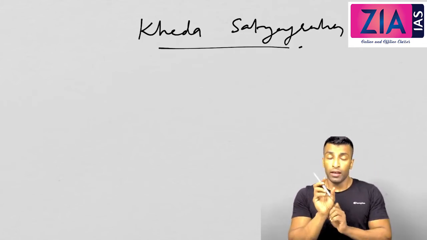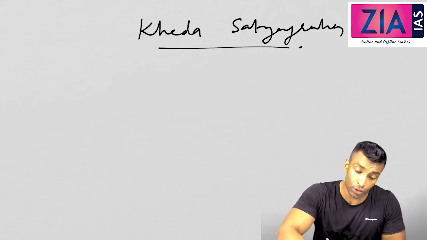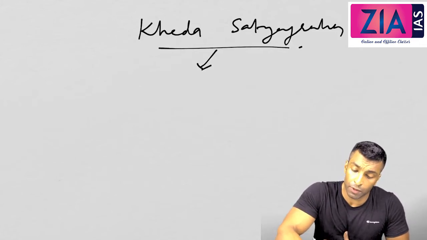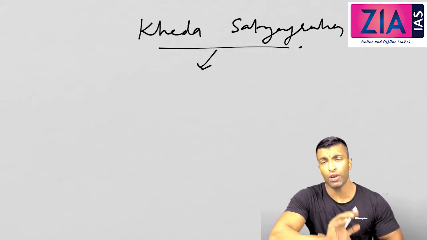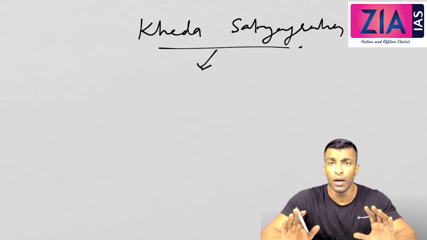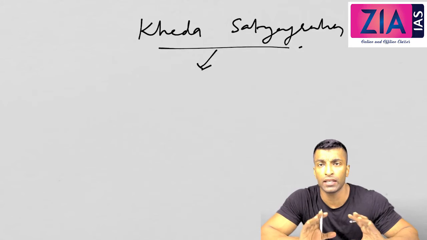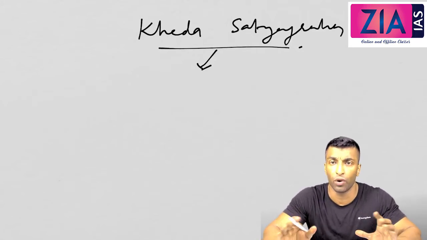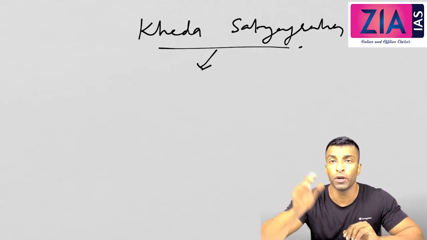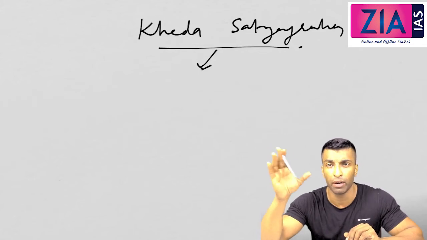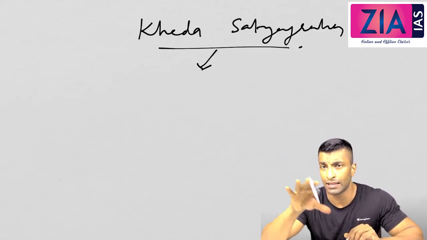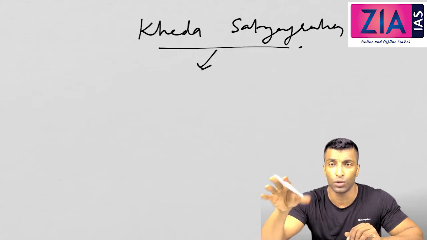Kheda is in Gujarat. So which type of settlement was here? We have already discussed. You can go back to the video, on permanent settlement, Mahalwari settlement, Ryotwari settlement; a separate discussion we have done already. There I told you the permanent settlement was in the eastern part of India, Bengal, Bihar, Orissa, that area, and some parts of Tamil Nadu and Banaras also.